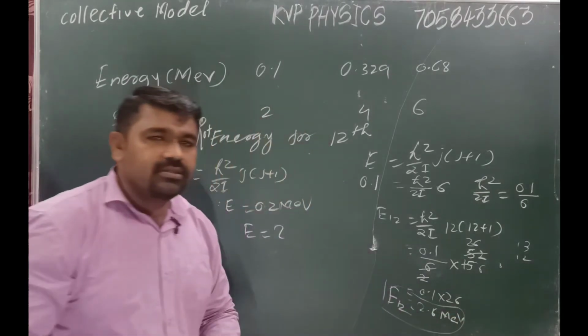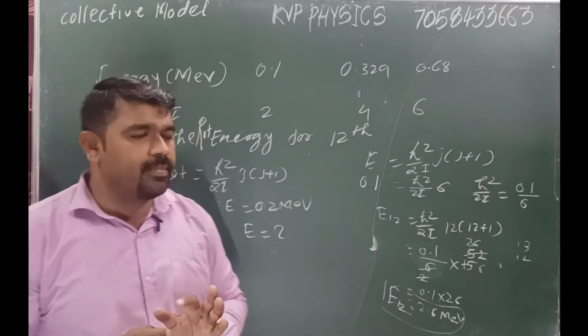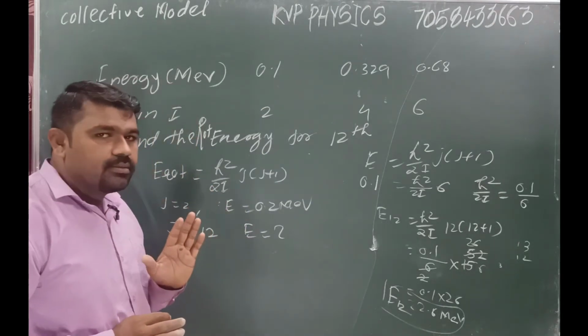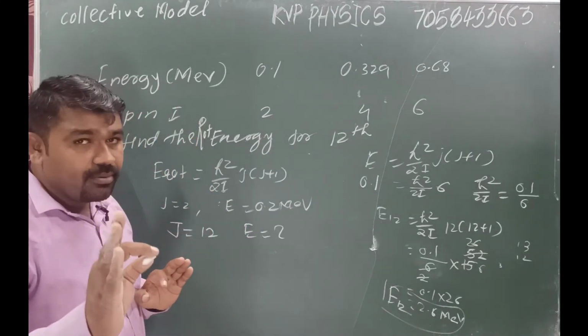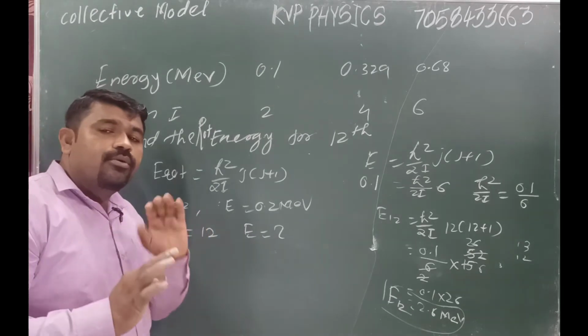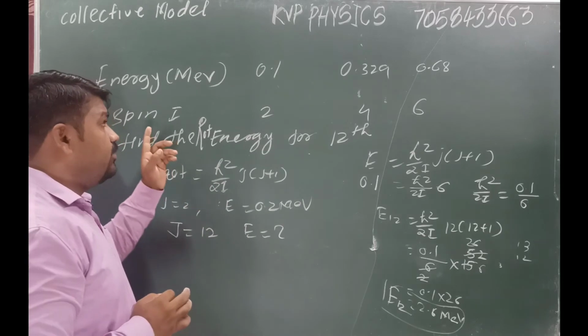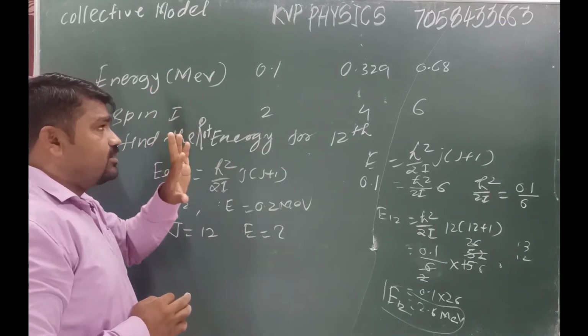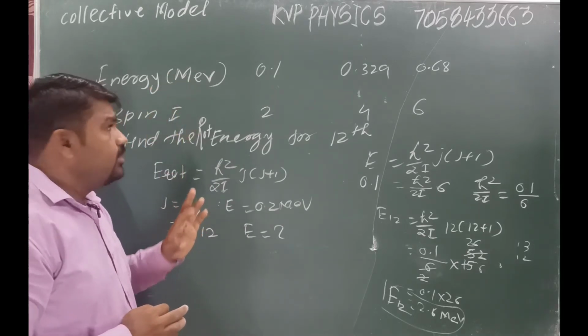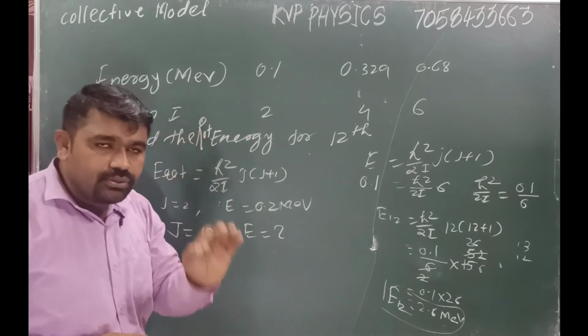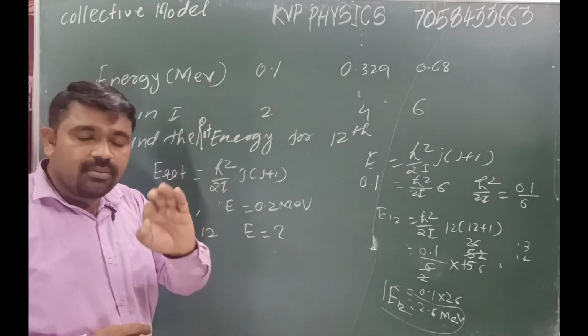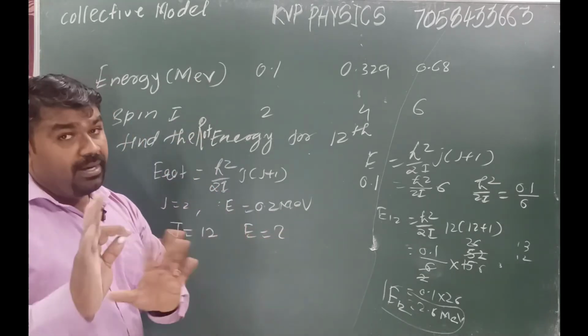How to solve this problem? First, always memorize the J values, always starting from 0, 2, 4, and so on. This is the J value for even nuclides. Always memorize that the collective model is an even nuclide model, and the J value is always 0, 2, 4, 6, and so on, and parity is even.